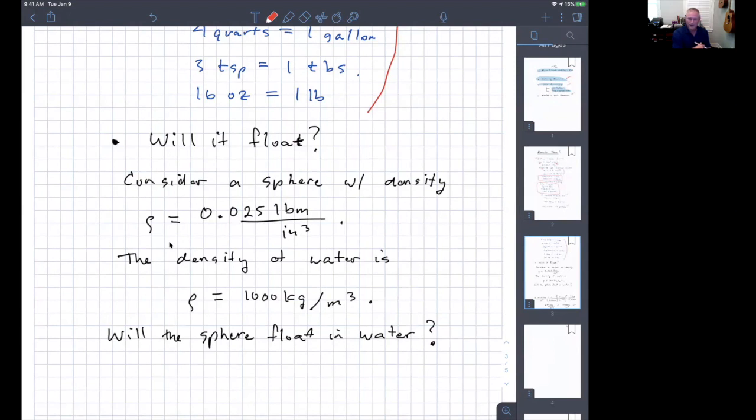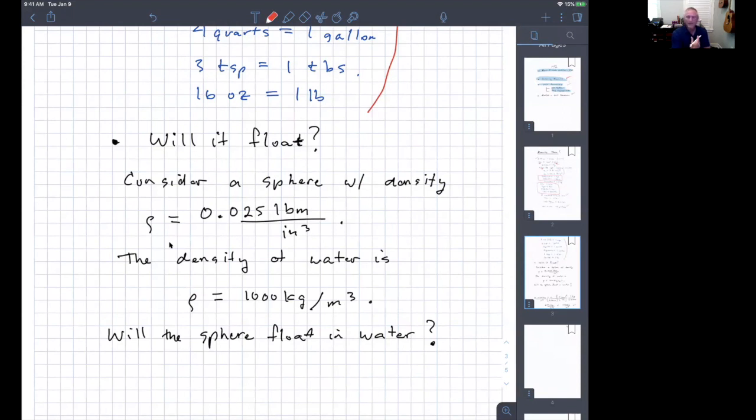You might think, well, I've never heard of that. But the intuition engineers have is that if it's a sphere, there's no hollowed out part that's going to reduce the density of the object in terms of weight per volume.